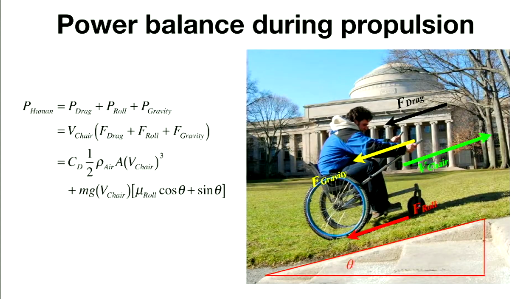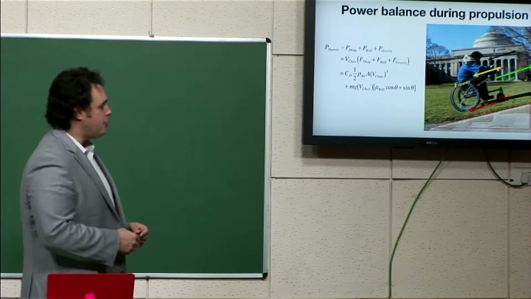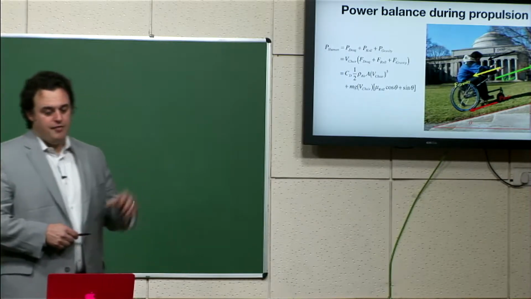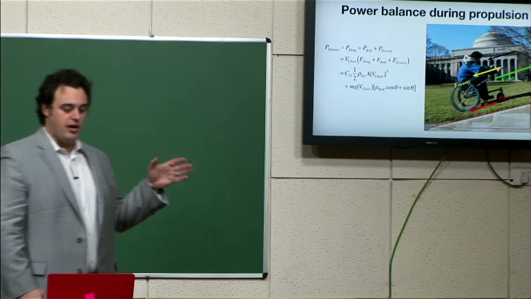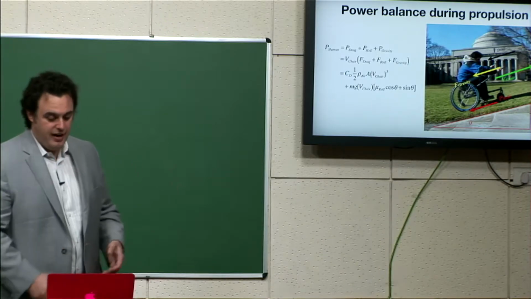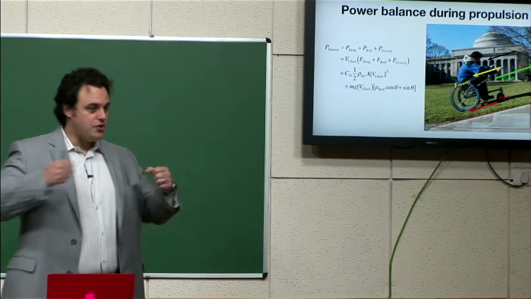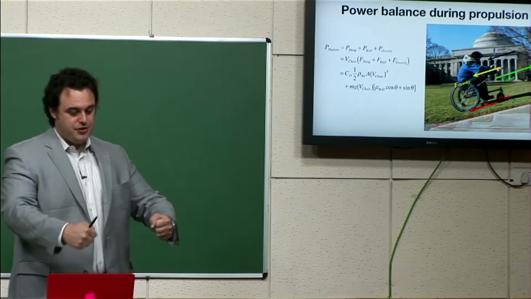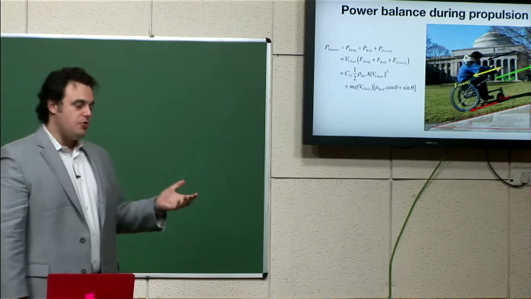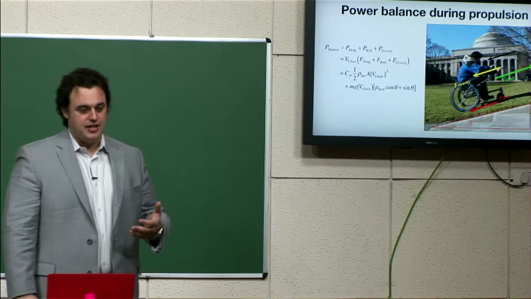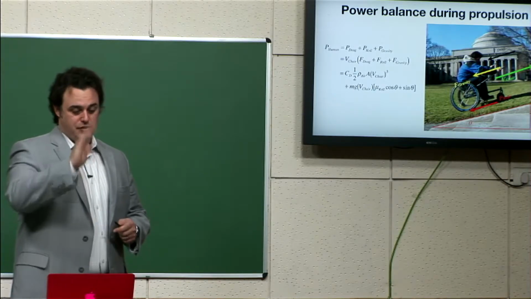So being, I think, a diligent engineer, I was a grad student at this time at MIT, and I actually did this project as an independent study, and I thought about, could we optimize the drivetrain for a person's propulsion and performance? And so I did a very simple power balance, very akin to what we were doing yesterday, where you have a certain power source of a person putting power into the levers, and that power is going to be consumed by air drag, rolling resistance, and potential energy changes if you're, say, going up a hill.